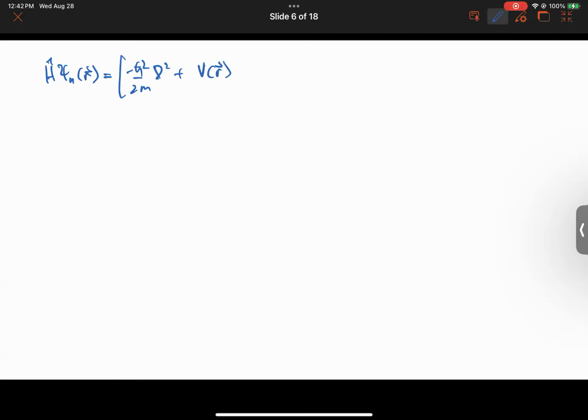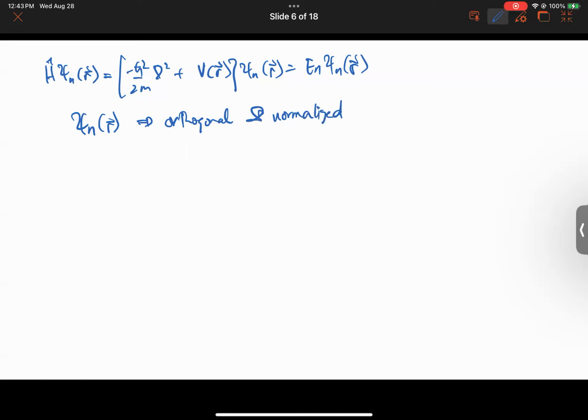For example, the wave function: you have the Schrödinger equation, negative h bar squared over 2m del squared plus V of r, acting on psi n of r, equals E sub n psi n of r. So that wave function is also orthogonal and normalized.